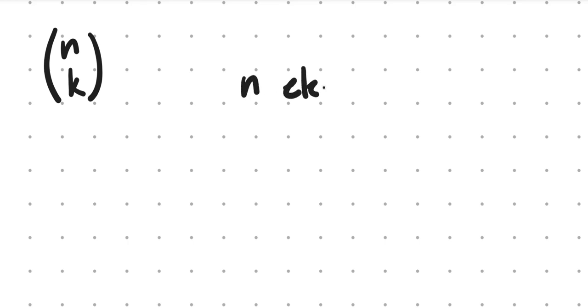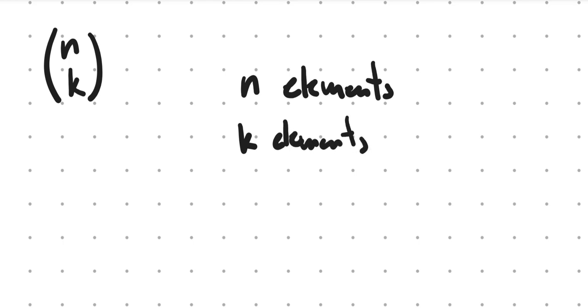So what is n choose k? n choose k comes from combinatorics. It describes the number of combinations you can take out of n elements, how many k elements you can actually take.